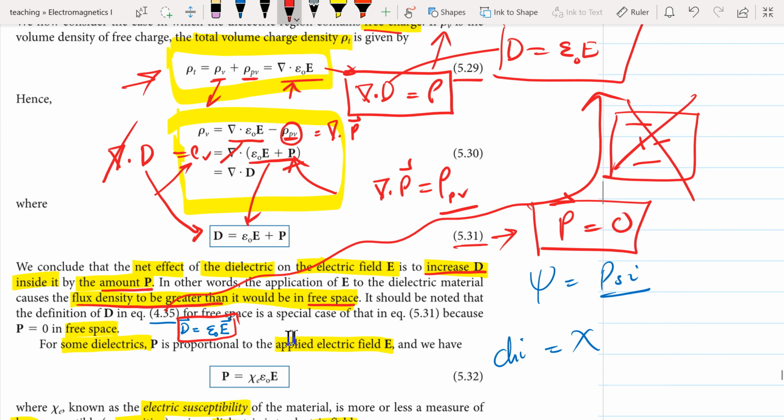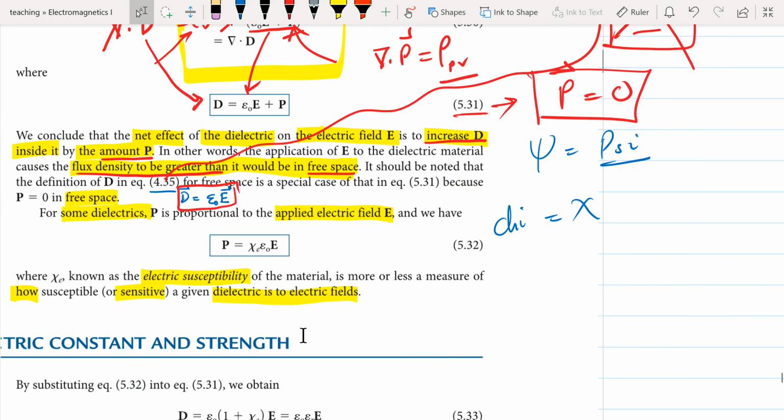And to finish up, for some dielectrics, the polarization vector P is proportional to electric field E, and in that case P is expressed as in 5.32. I always try to make sure that you are able to pronounce the symbols that we use. This is a Greek symbol that is pronounced as chi.